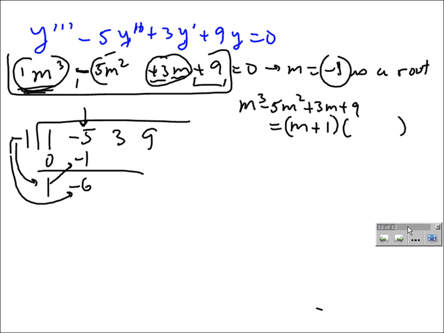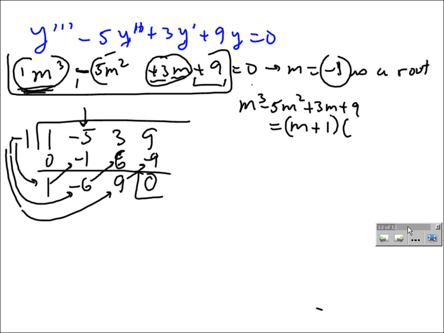I multiply, I get positive 6, I put my answer there. I add the 3 and the 6, I get 9. I multiply it by the negative 1. I put my answer there, which is negative 9. When I add those two numbers, I get 0, which is good. That means I did everything right.